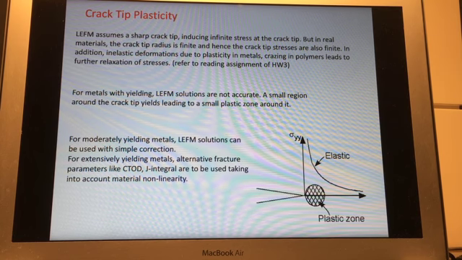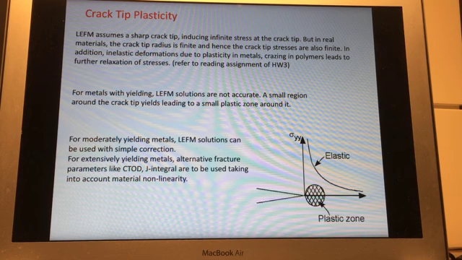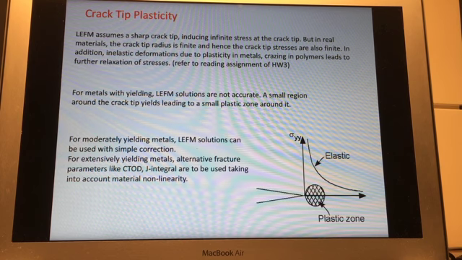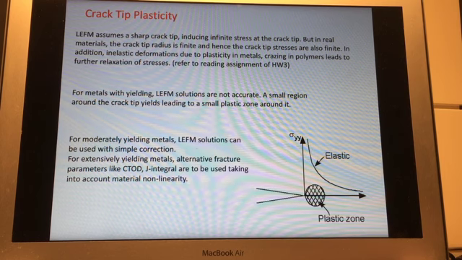But for extensively yielding metals, which is most of the case actually, alternative fracture parameters like crack tip opening displacement or J integral need to be used in order to take into account material nonlinearity, which we'll touch on later. For CTOD and J integral, okay.